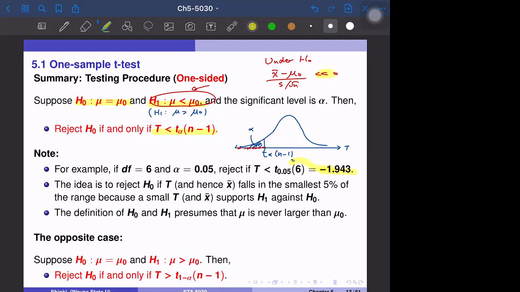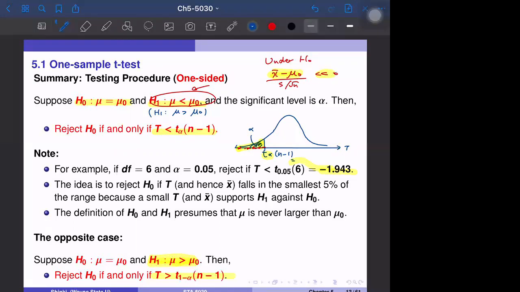But here we only reject when T is smaller than some specific value, so this area gets a little larger, actually twice as large, and the threshold gets closer to 0. The other way is the same. If H1 is mu larger than mu naught, reject if capital T is large enough. If H1 is true, then x bar minus mu naught is a large value, so we should reject H naught to support H1.